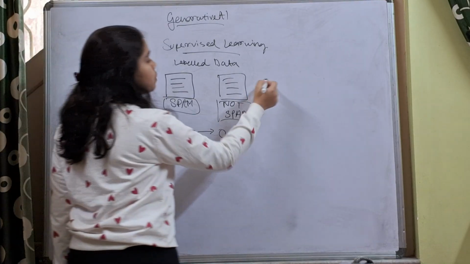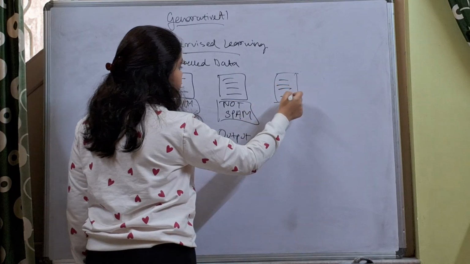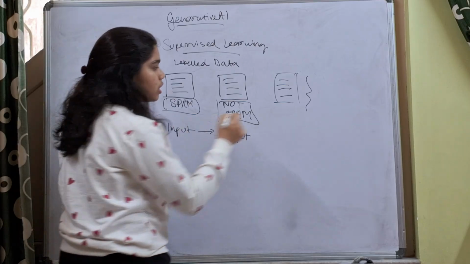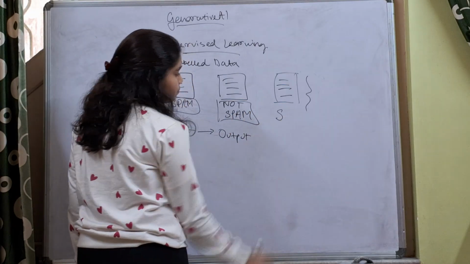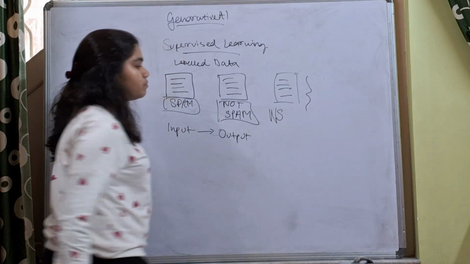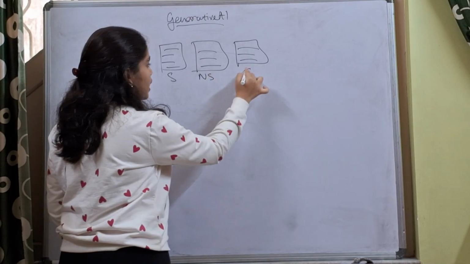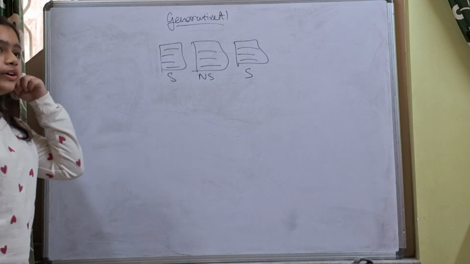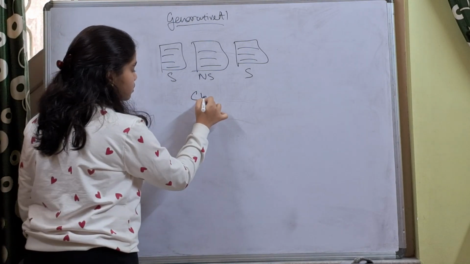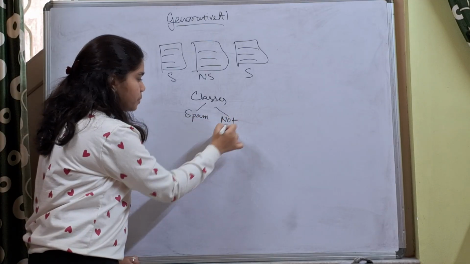Now if any new email is given to it for testing, it will analyze whether it has informal language, then it will say spam, and if not, it will say not spam. Each of these emails had a label, spam or not spam, so we had two classes: one is the spam class, another is the not spam class.